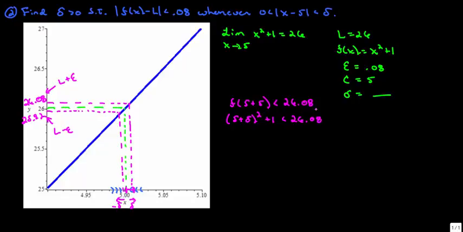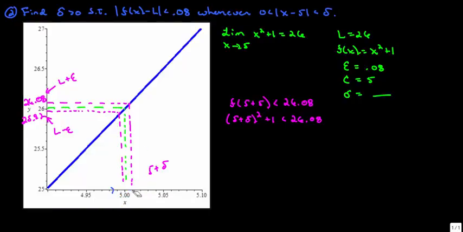So let me explain why I'm saying that. What I'm saying is, this value on the x-axis is 5 plus delta. It's a starting value of 5.